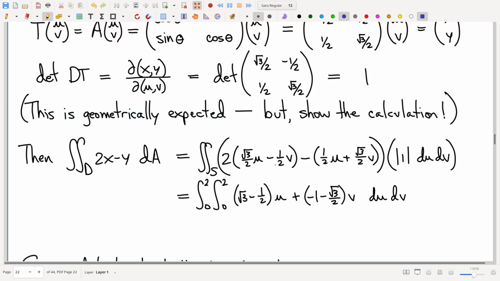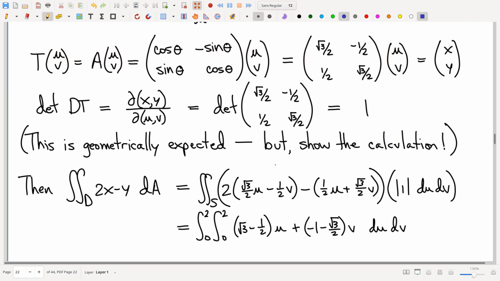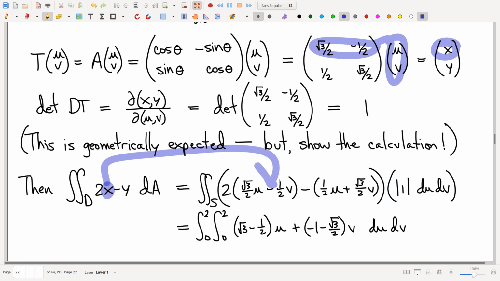Okay, it's basically all over at this point. We put the absolute value of the Jacobian determinant right there. Again, I know my formulas for x and y. This x right there, I can see is that dot product, which then goes right here.